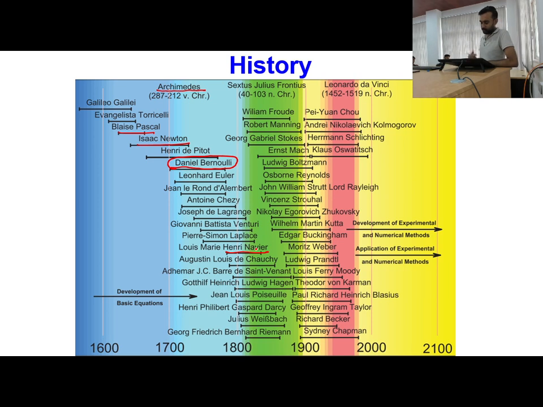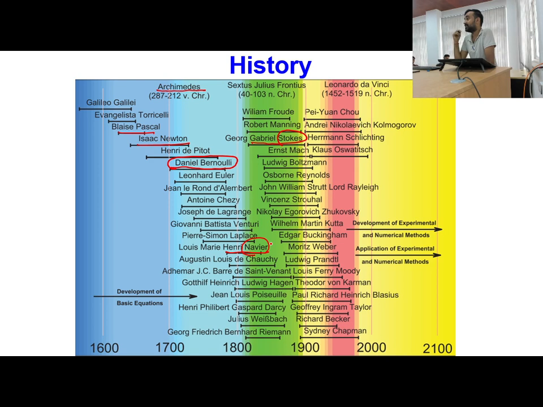Then Navier's equations were further simplified by Stokes. I am not finding the name here. So yeah, this is Stokes. You can see Navier and Stokes have some overlap of time period. Whatever work Navier did was further continued by Stokes also.